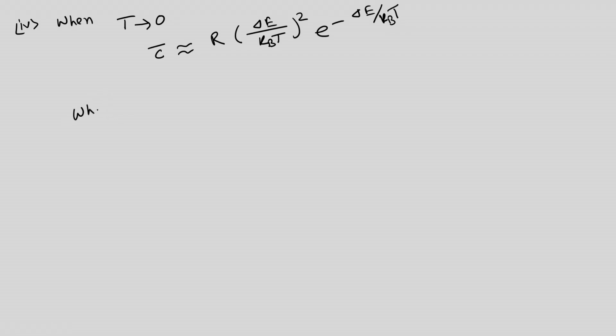And when T goes to infinity, C bar is R by 4 delta E by kBT to the 2. Okay, so, we considered both the limits when temperature goes to 0 and temperature goes to infinity, and we calculated specific heat per mole.